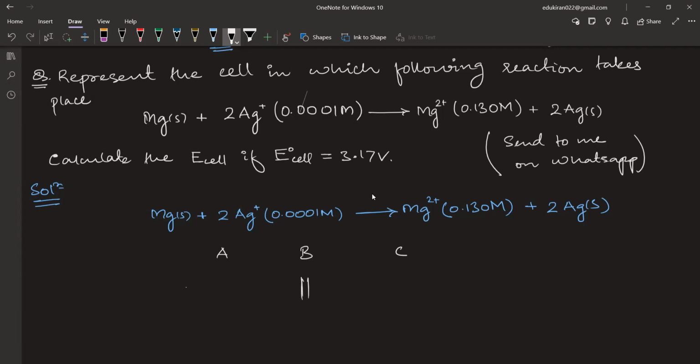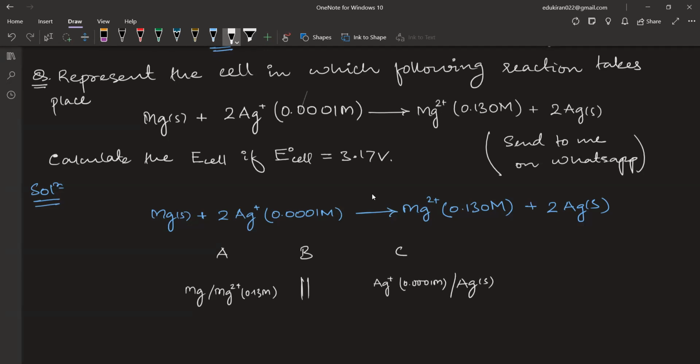So for the anode, you will write Mg getting converted to Mg2 plus, and you can write the concentration just for information. Mg's concentration is 0.130 molar, and the cathode will be Ag plus, whose concentration is 0.00001 molar, to Ag solid.